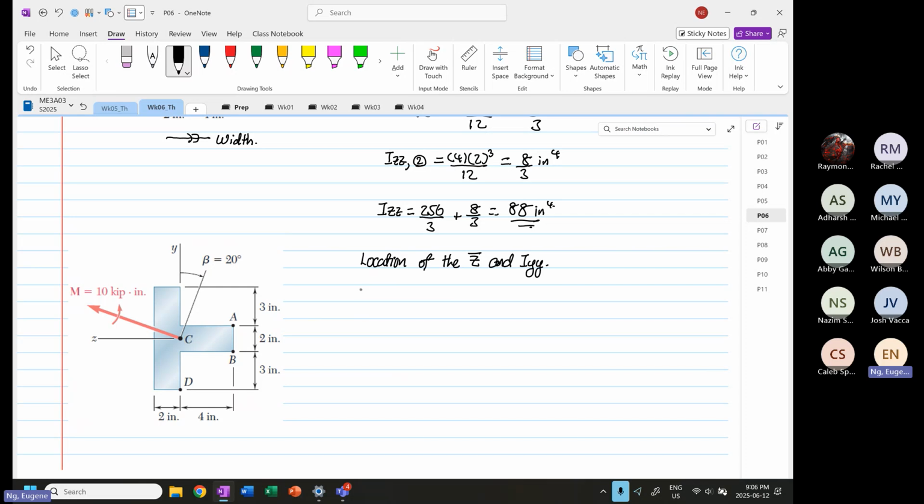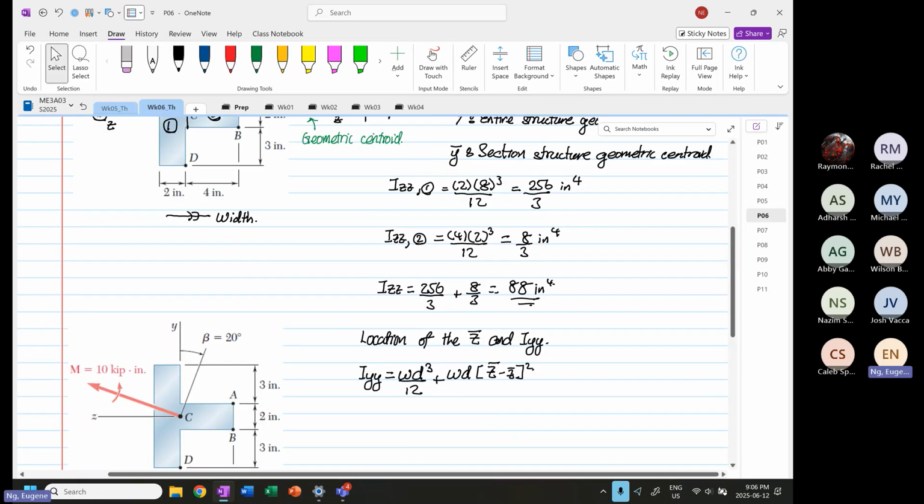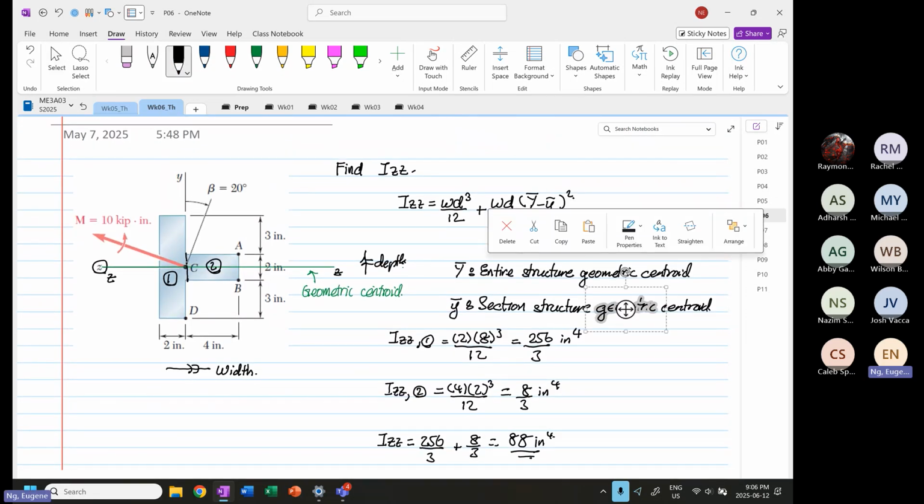So the IYY formula is equal to width times depth cubed over 12 plus width multiplied by depth times big Z bar minus small z bar, and the whole thing is squared.